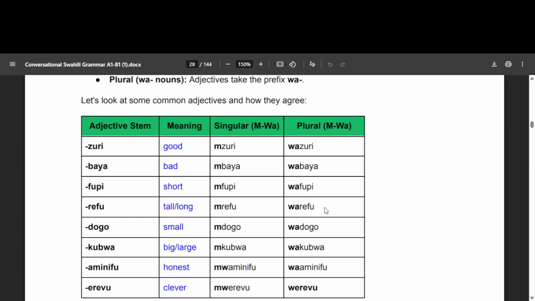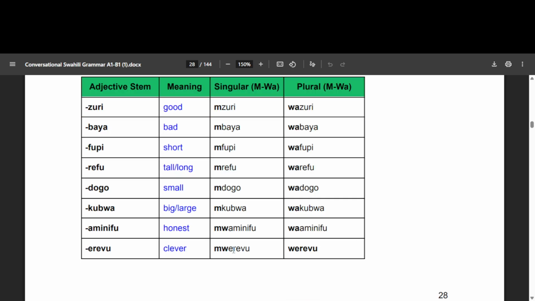Warefu, long or tall. Mdogo, small. Wadogo, small. Mkubwa is big, singular. Wakubwa, big, plural. Now we have aminifu, honest. Mwaminifu, honest. Waminifu, honest. Mwerevu, clever. Werevu, clever.